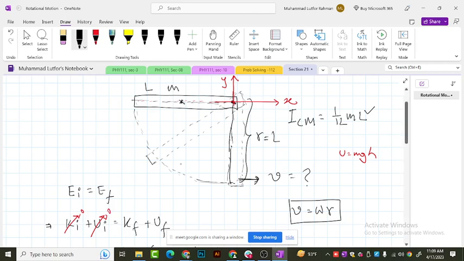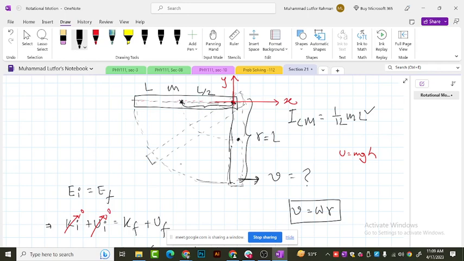Fine. So if it is so, the center of mass of this meter stick would be at L by 2, which is half of that rod, or the meter stick. When you release it, that center of mass follows that path and comes over here, right?